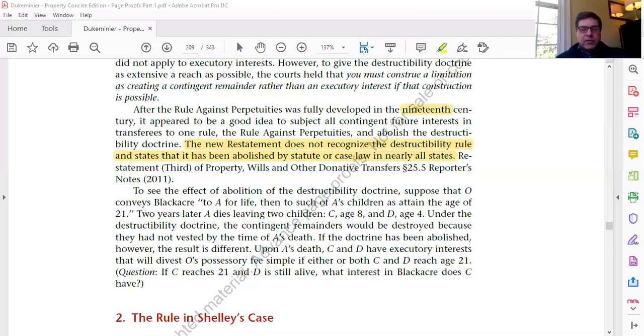So what happens under the destructibility doctrine if A dies during B's lifetime?